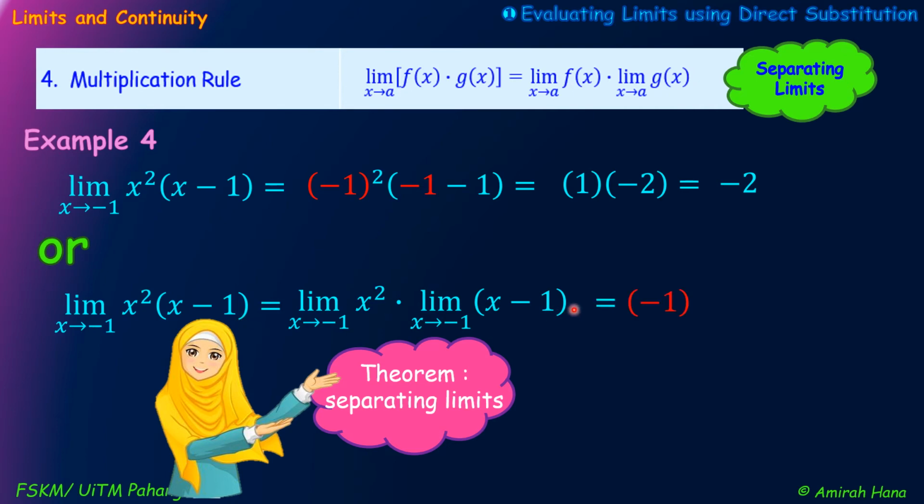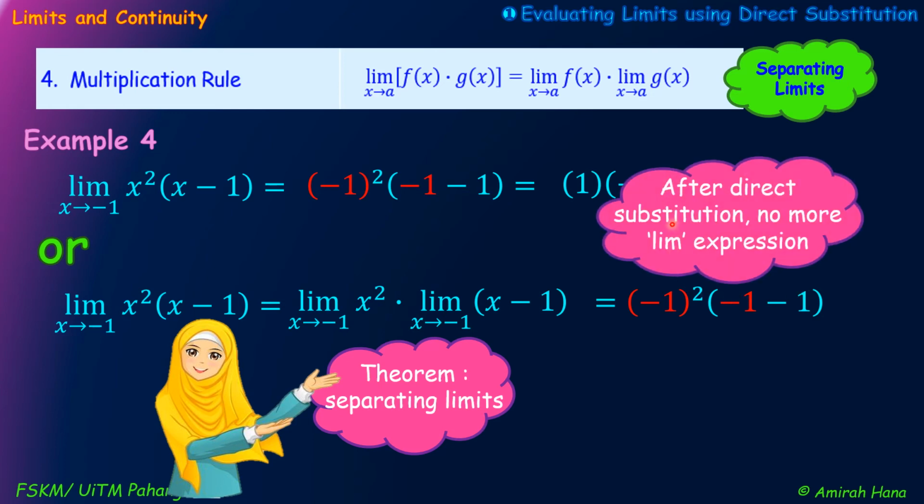From here, we use direct substitution to evaluate the limits. So we substitute negative 1 into whatever x here, and we get negative 1 squared times negative 1 minus 1. And remember, after direct substitution, there is no more limit expression.